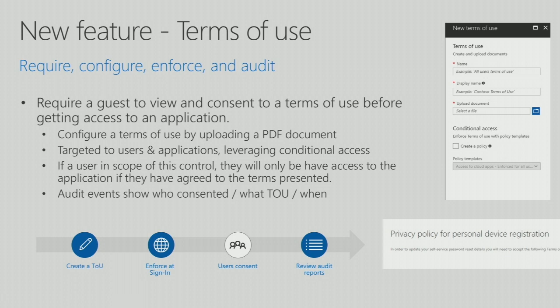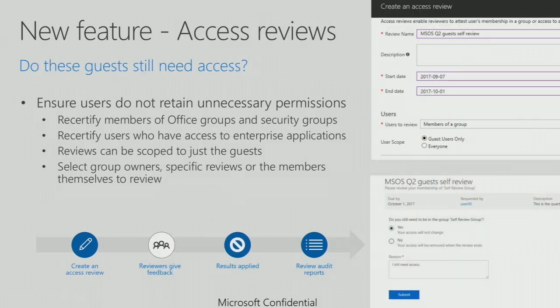Okay. So now that the users have accepted the policies, now they're in the tenant. How do you make sure that they are consistently being reviewed and that their access is appropriate on an ongoing basis? We call this new capability access reviews. I don't call it attestation or whatever, but it's the idea of whether they still need access. If you've given them access standalone to particular apps, you'll be able to trigger these access reviews.